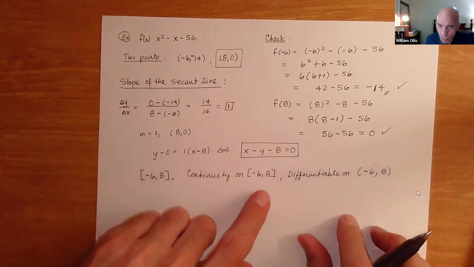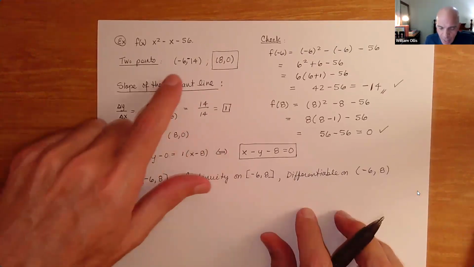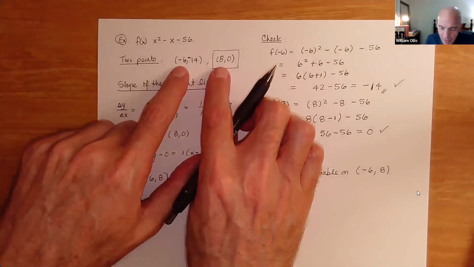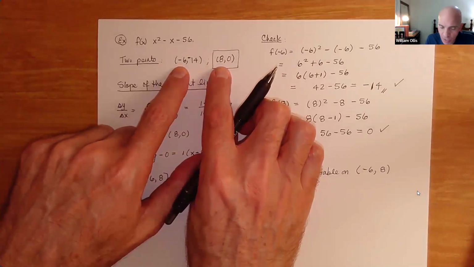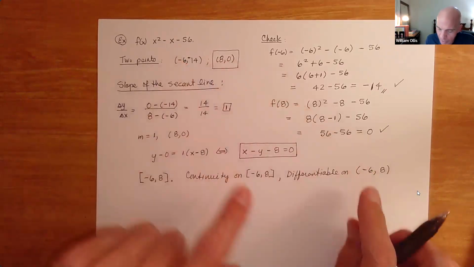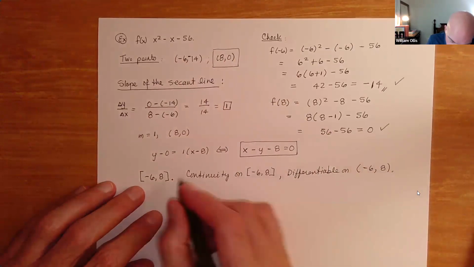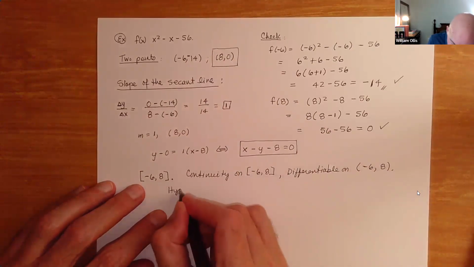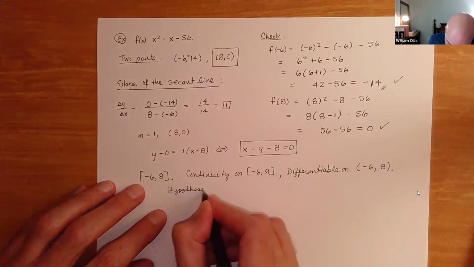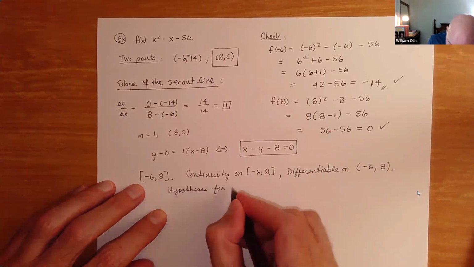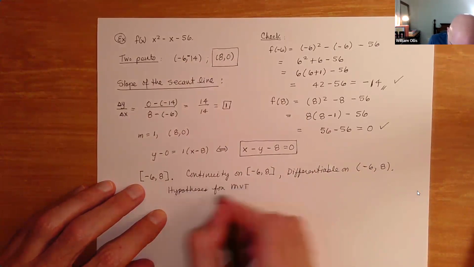So again, remember when we talk about the theorem, we're talking about the inputs, the x values, so -6 to 8 right here. So that's why we have this. And so these are the hypotheses for the mean value theorem, okay?